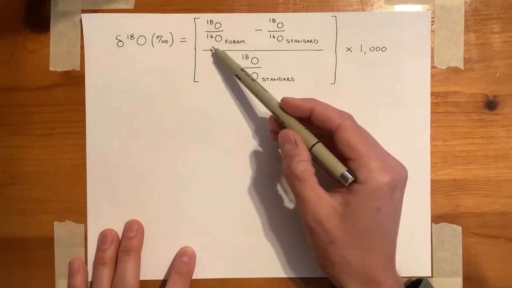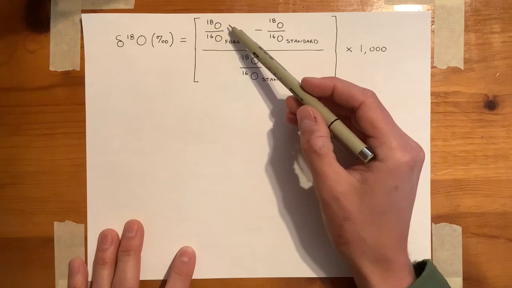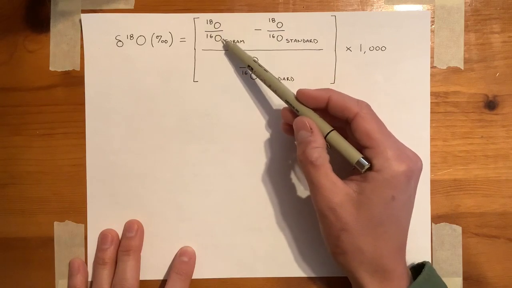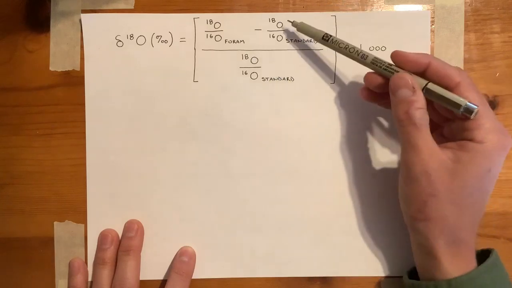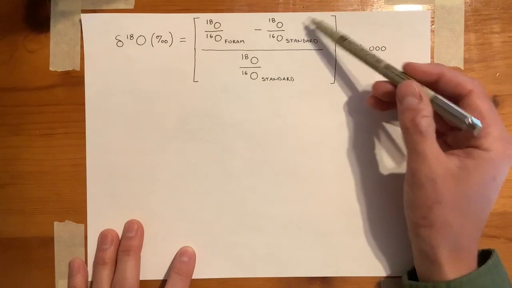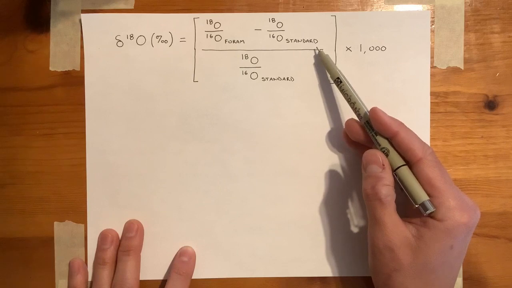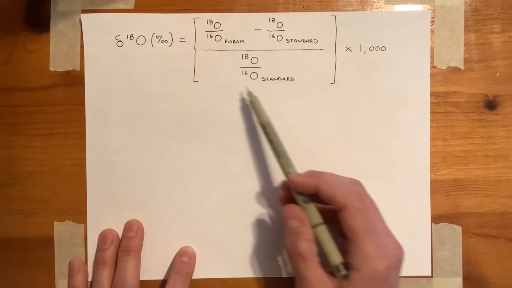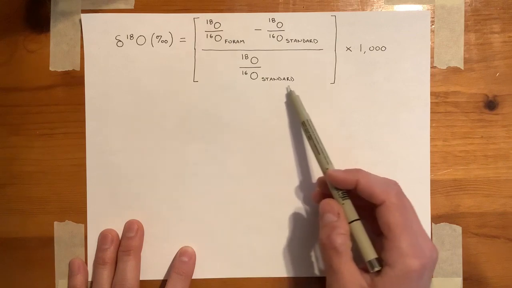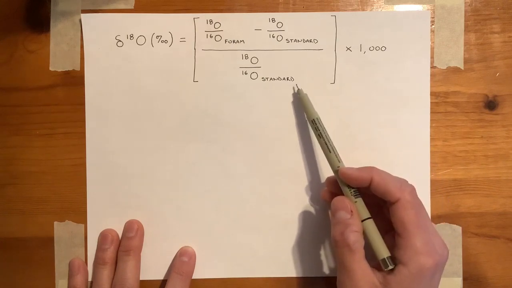Okay, so you take the individual ratio of oxygen 18 to 16 from a single foram, and you subtract the value of the oxygen 18 to 16 ratio in some standard that everybody agrees upon. Subtract those two, and then divide it again by the value of that same standard.